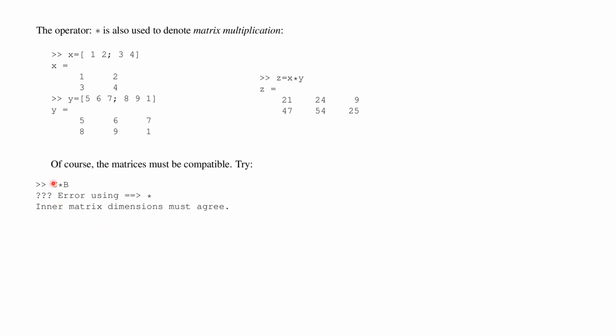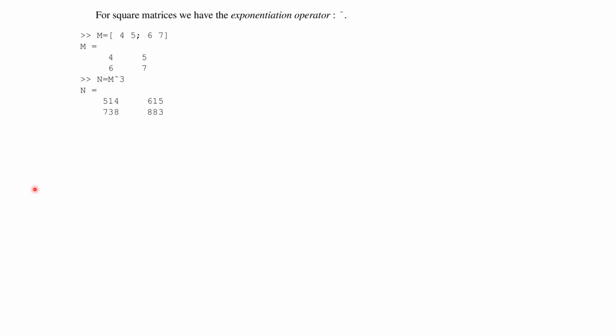So if you take our previous matrices and try to multiply them, MATLAB will complain, there's an error, they're not compatible for matrix multiplication. Now, if M is a square matrix, then it's compatible with itself for matrix multiplication. So, for example, if this is our matrix M, we can cube it. That means multiply M by itself 3 times. And so the matrix multiplication can be achieved.